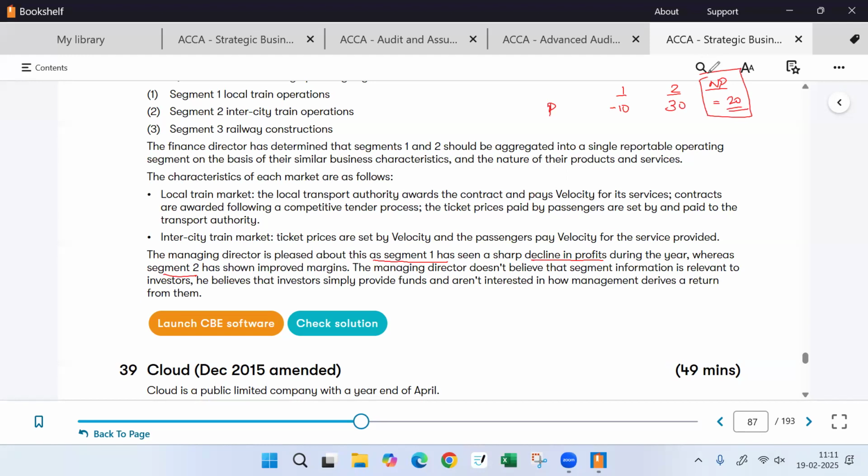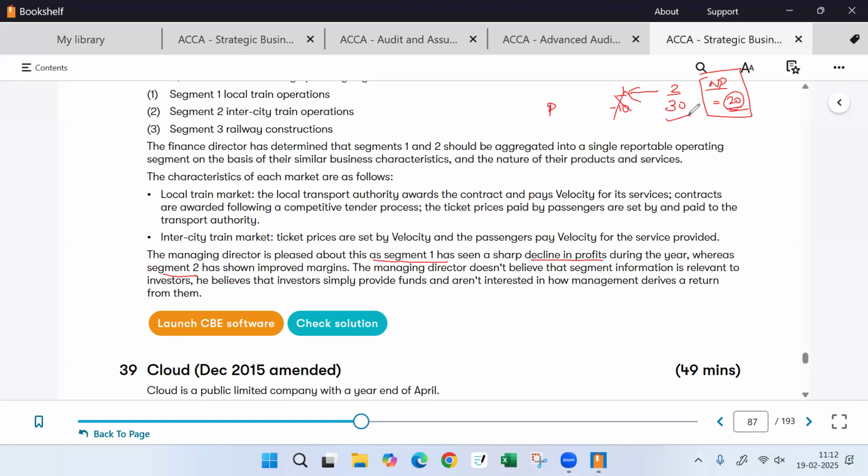But segment two is profit making and segment one is loss making. Segment two is actually supporting segment one, isn't it? And the profits are going down. If you stop segment one, what happens? You will have a higher profit, isn't it? Higher return, correct? So isn't that valuable, useful information for the investor?